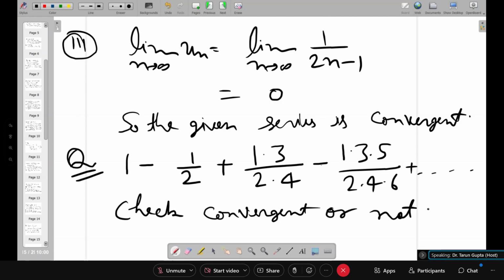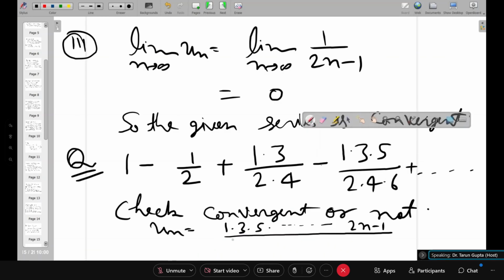So the nth term I am giving. What is the nth term? un is 1 into 3 into 5 up to 2n minus 1 upon 2 into 4 into 6 up to 2n.